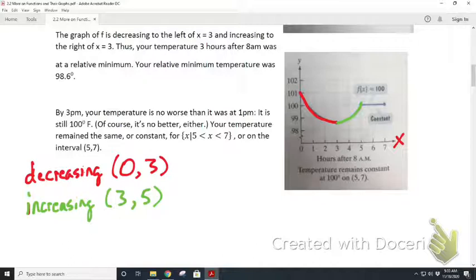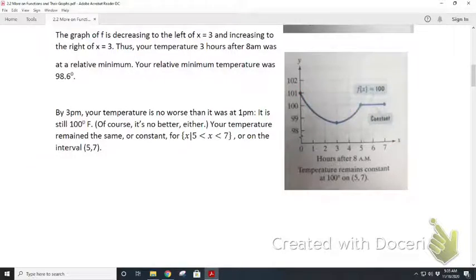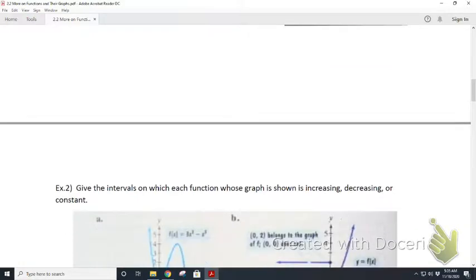You can make it more formal by doing set notation right there, but I don't really care about that. You don't have to do that. So, all right, let's look at another example, but I bet you get the general idea.